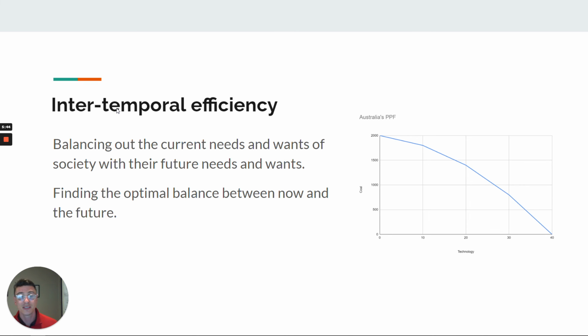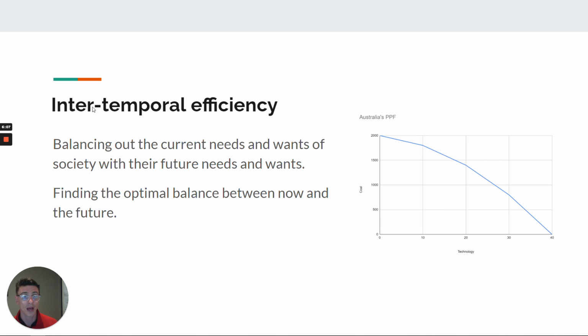So, very simple illustration, this is the housing shortage in Australia. We need lots of houses, but obviously if we cut down all the trees and we use all the resources now, well, we're not maximizing intertemporal efficiency, even though we might be achieving allocative efficiency today. All right. So maybe it's better to wait and balance out the future needs.